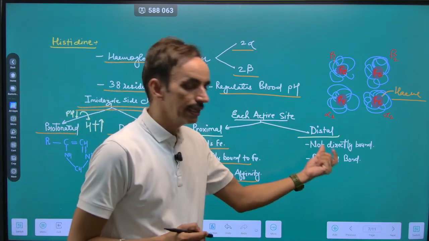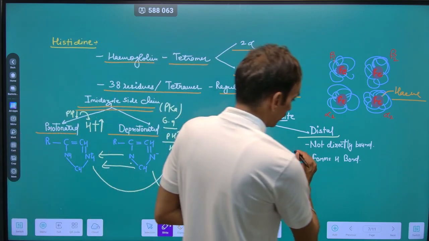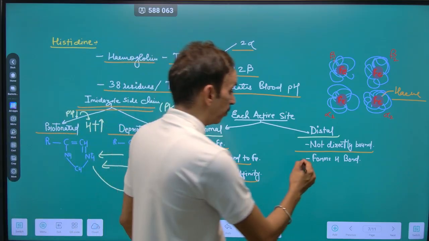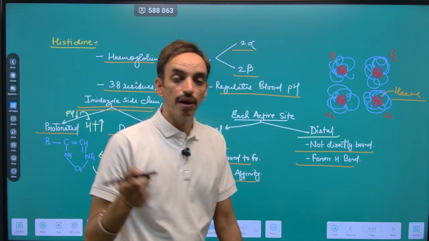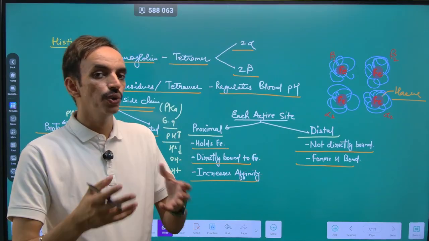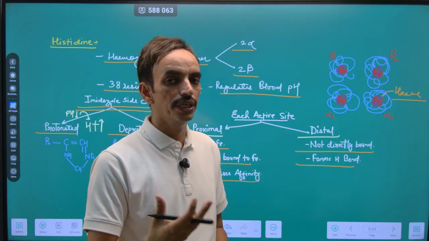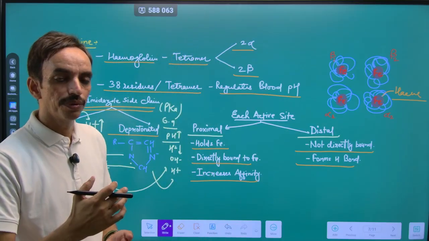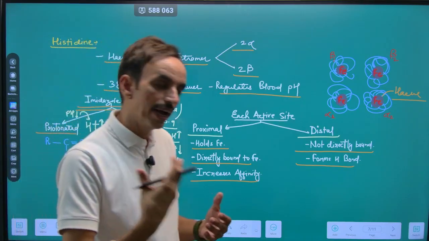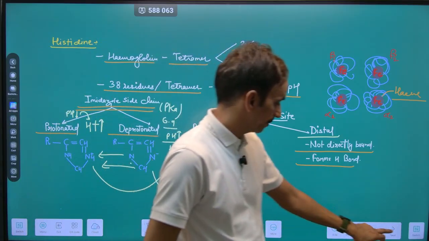While जो distal position पे आपका histidine है, it will not directly bind to the Fe, but it forms a hydrogen bond with the bound oxygen and stabilizes the structure and also increases the affinity of hemoglobin towards the oxygen. ये oxygen binding को enhance कर देता है, we can say. So this is all about the histidine.